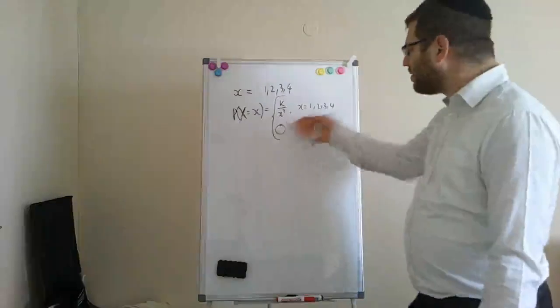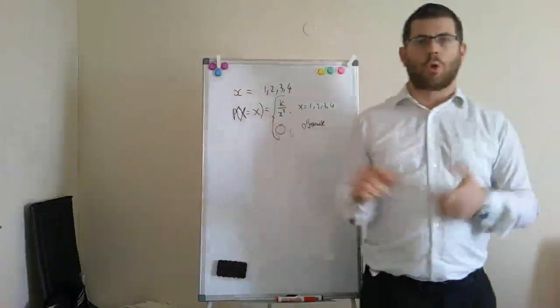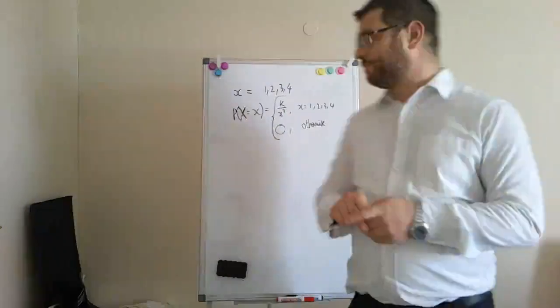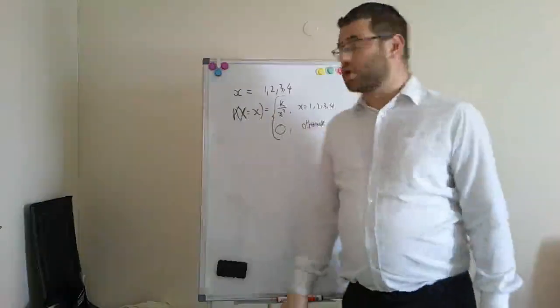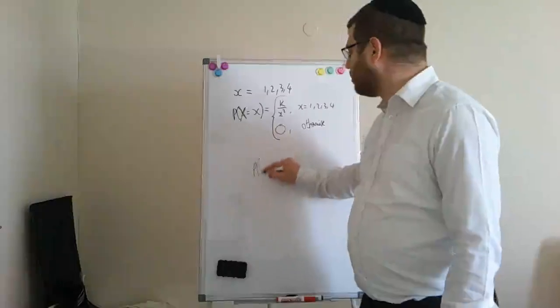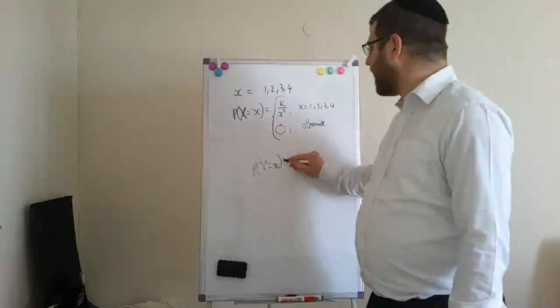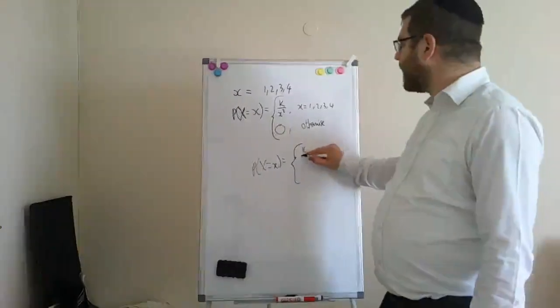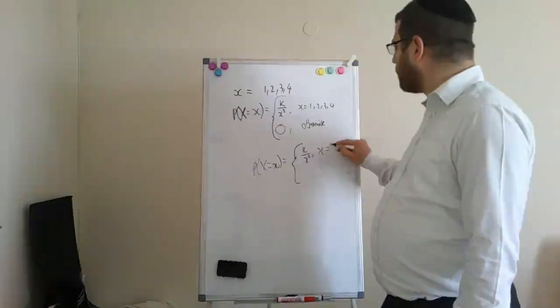Now you might say, well, why do I need to write this whole 0 otherwise? It's just complicating things. Because there are certain distributions that follow different formulae for different outcomes. So you could have an example where the probability x equals x is, say, k over x squared for outcomes 1 and 2.